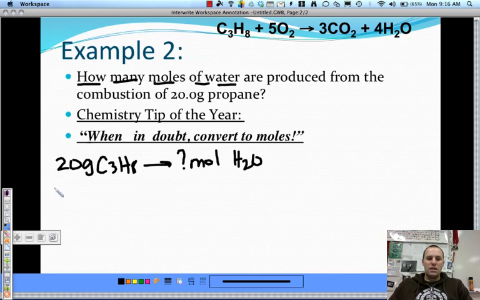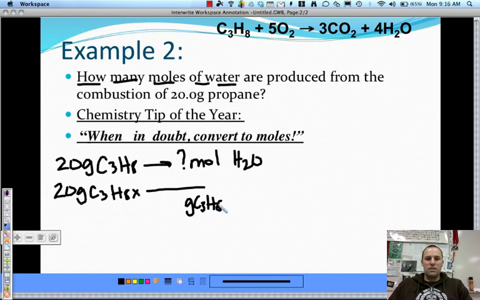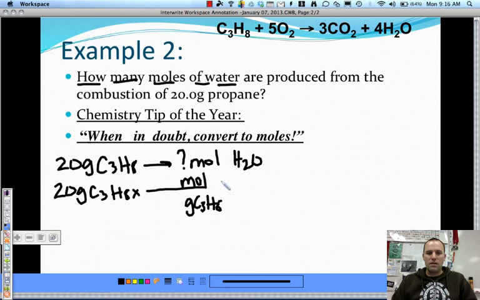And the chemistry tip of the year is, when in doubt, convert to moles. So 20 grams of C3H8 times and then a line. We're canceling grams. What can grams be converted into? Remember from your molar conversion sheet, grams can be converted into moles. When in doubt, convert to moles. But keep in mind, we can only convert into moles of propane because the only time you can switch substances is if they both say moles.